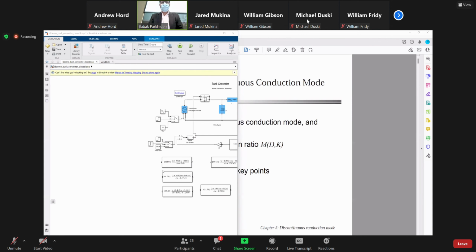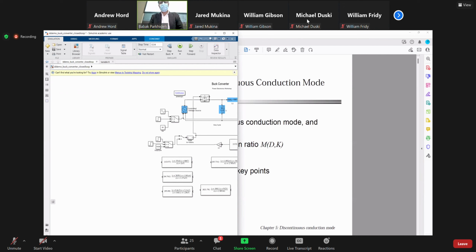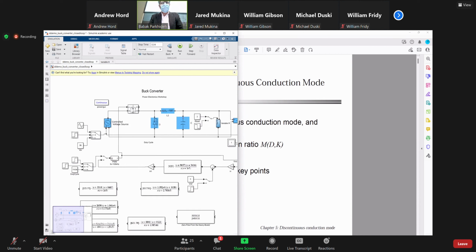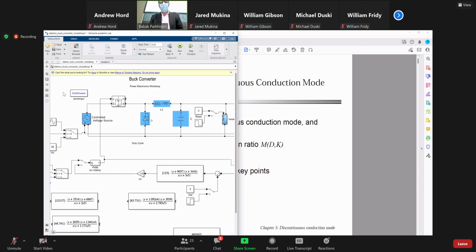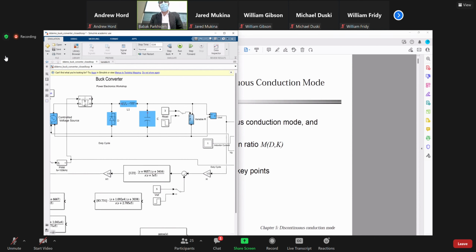So I built this simple buck converter. By now, I think you are familiar with it because you did your junior design with me. So now you have the MOSFET, you have the diode, you have sources, then you have the load.